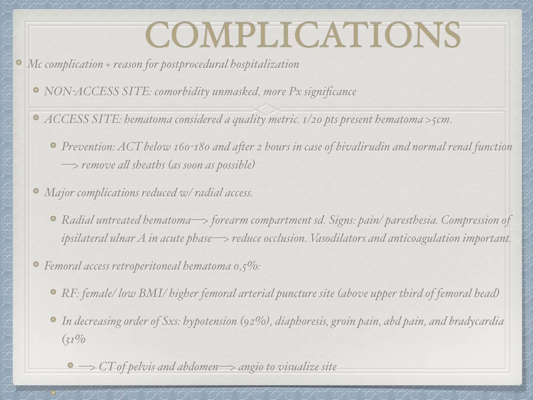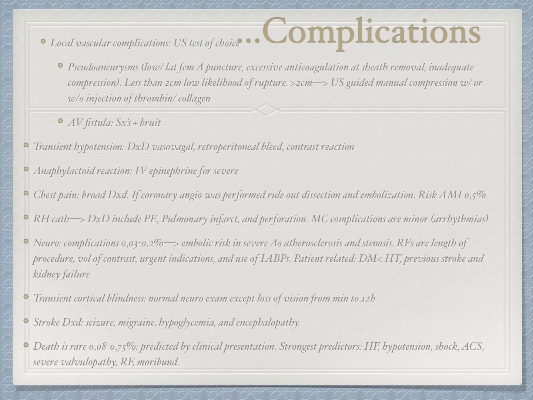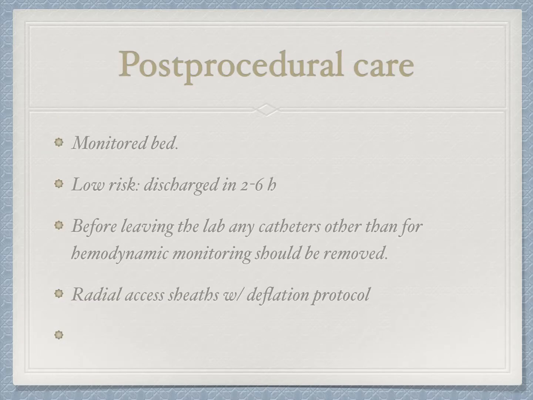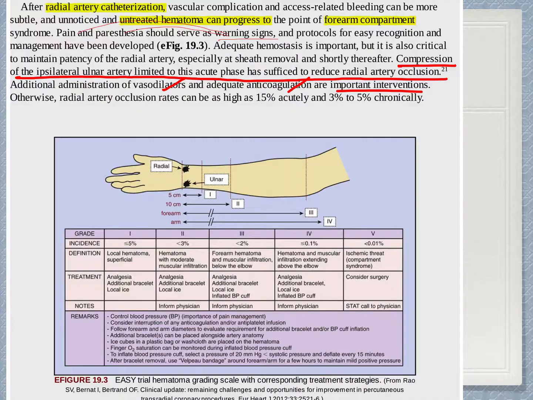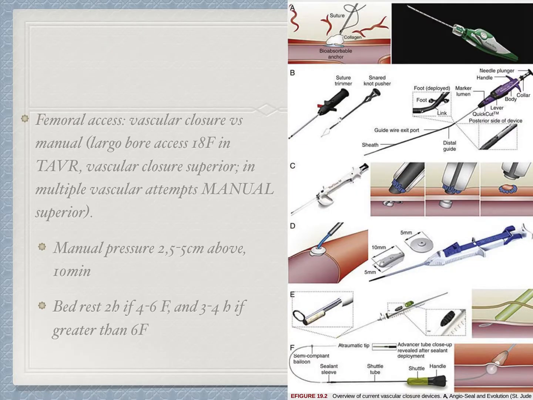So here are the different managements you should do for each patient. Pause the video to read it through. These are other complications like transient hypertension, anaphylactoid reactions, neurological complications, stroke, and death. And this is the last for this slide. I'll pause the video right now.